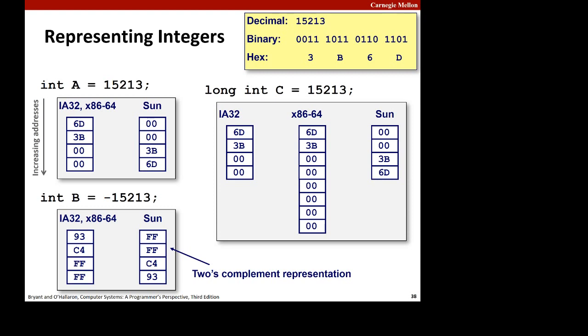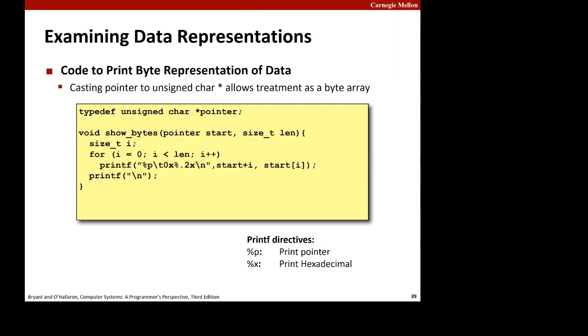And on a 64-bit machine it would be in a little endian machine, but 8 bytes for a long. You can actually write code, and there's code included in today's lecture, that lets you print out the byte representation of different data types by walking through them one byte at a time and printing out each byte value.